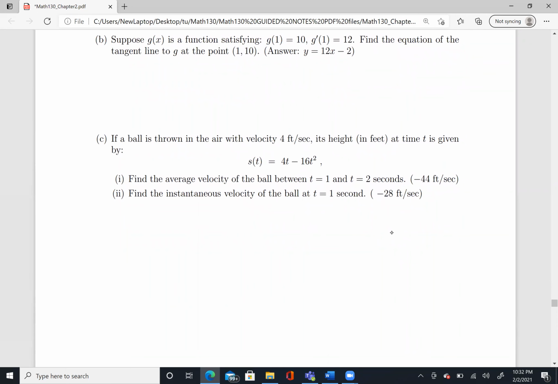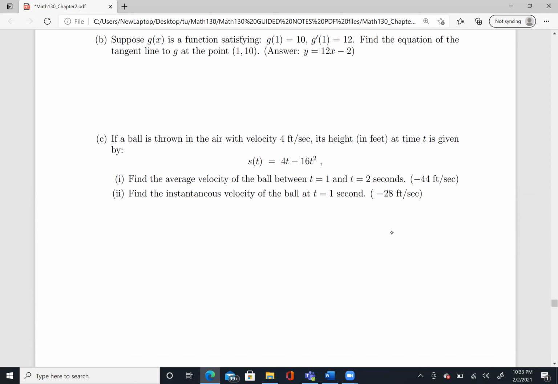For B, it says suppose g of x is a function satisfying g of 1 equals 10, g derivative of 1 equals 12. Find the equation of the tangent line to g at the point (1, 10).